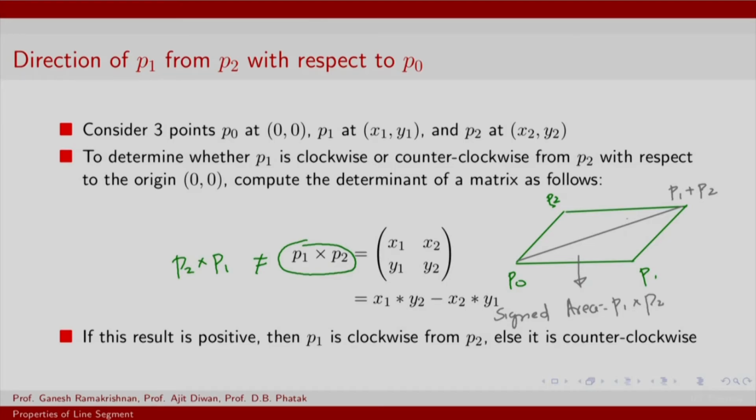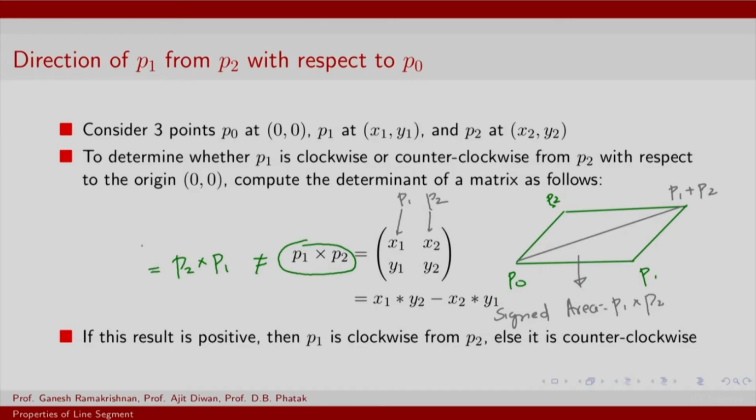One can recall that the area of such a parallelogram can be obtained as the determinant of this matrix with P1 as the first column and P2 as the second column. This determinant is x1 y2 minus x2 y1.